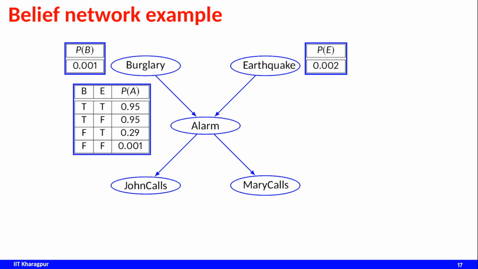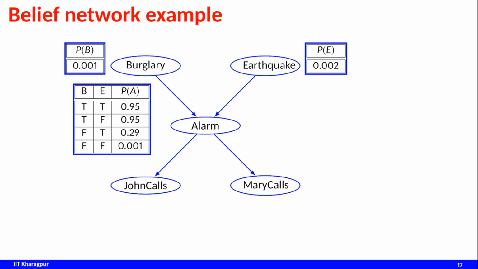But for alarm, the alarm can go off when the burglary or the earthquake happens. So I have to provide a conditional probability table, and for every combination of burglary and earthquake, I have to provide the probability that the alarm goes off.